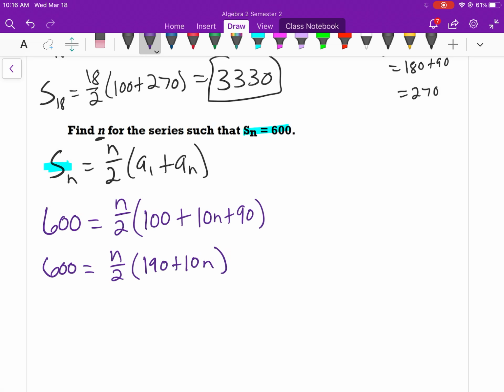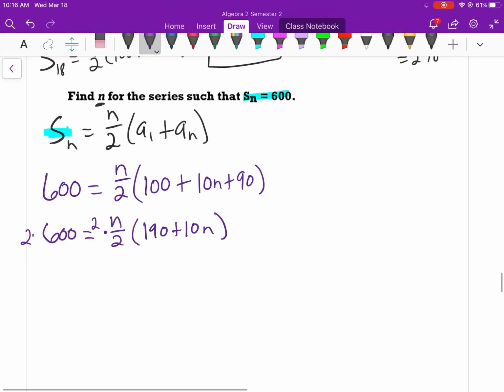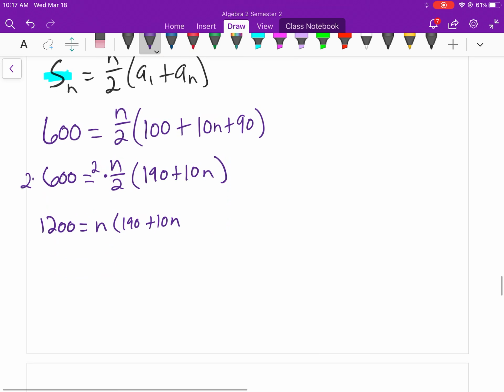To take care of this 2, I'm going to multiply both sides by 2. That way we don't have to work with fractions on the right side. We can just say 1200 on this side is equal to n times 190 plus 10n.